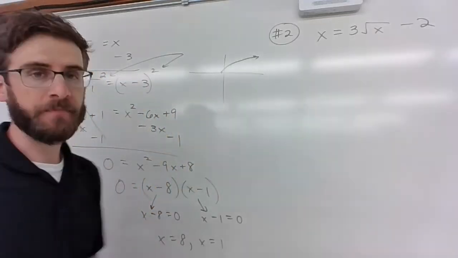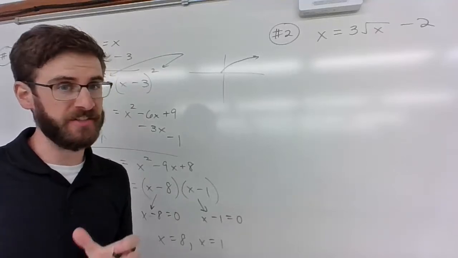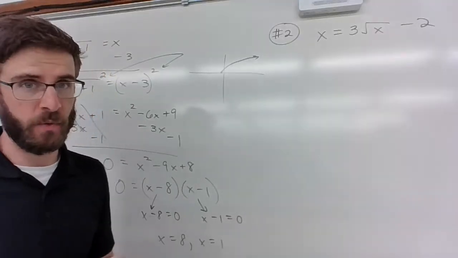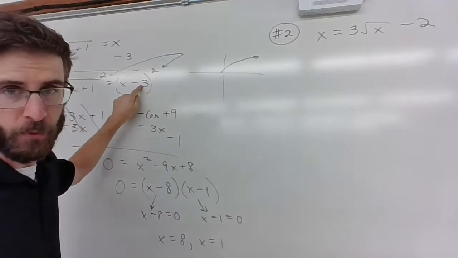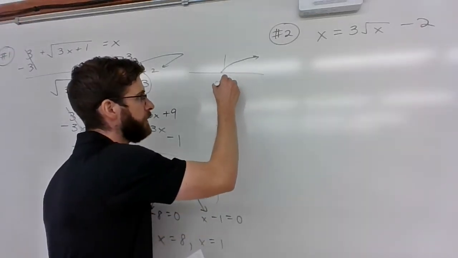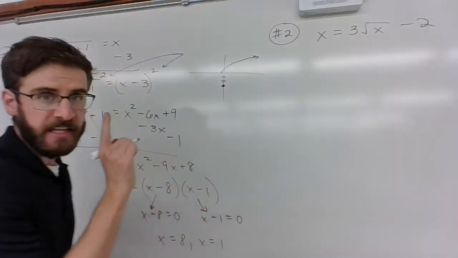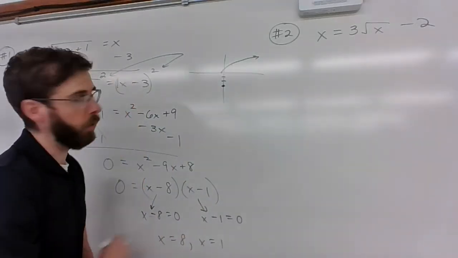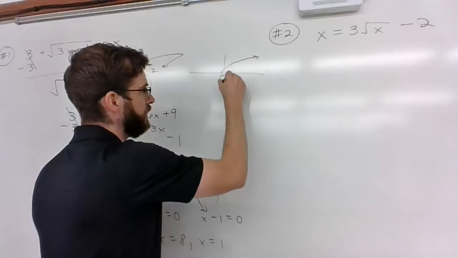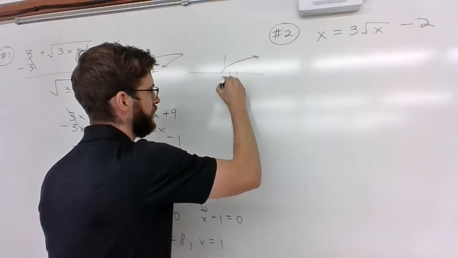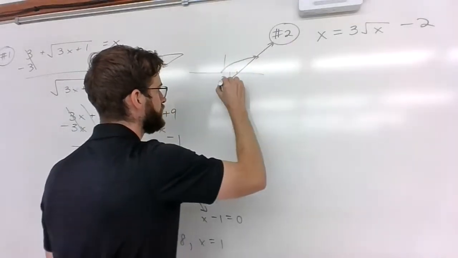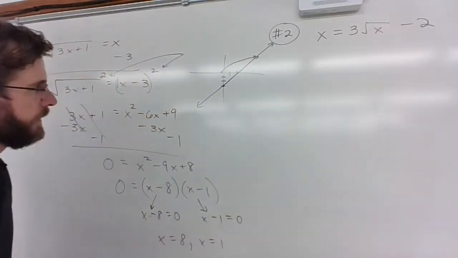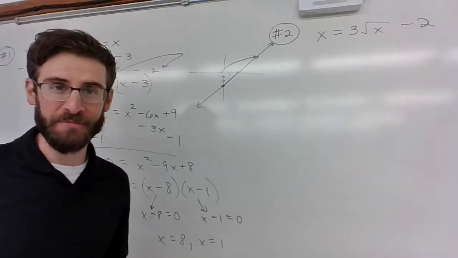X minus 3, I would expect you guys as juniors and seniors to be able to graph a linear equation. The starting point is negative 3. The slope, rise over run, is 1 over 1. So you go up 1, right 1, up 1, right 1, and so on and so forth. Okay, now what was the point of me graphing that?